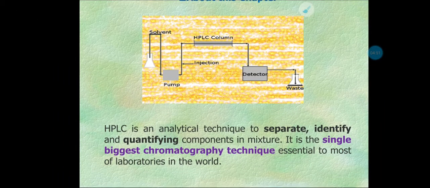This technique is an analytical technique which is used to separate, identify and quantify the components in a mixture. It is the single biggest chromatographic technique, essential to most laboratories and pharma industries in the world.